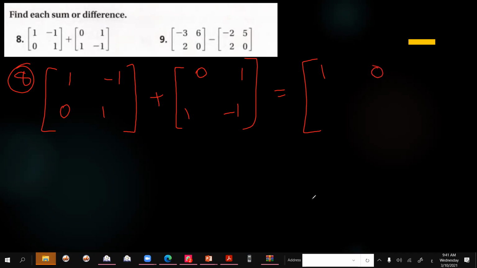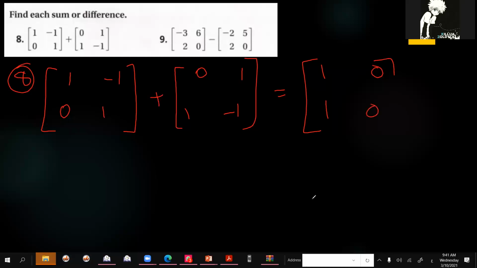And then 0 plus 1 is 1. And 1 plus -1 is 0. Thank you, Huda. This is number 8. You have to add each corresponding element to get the final matrix.